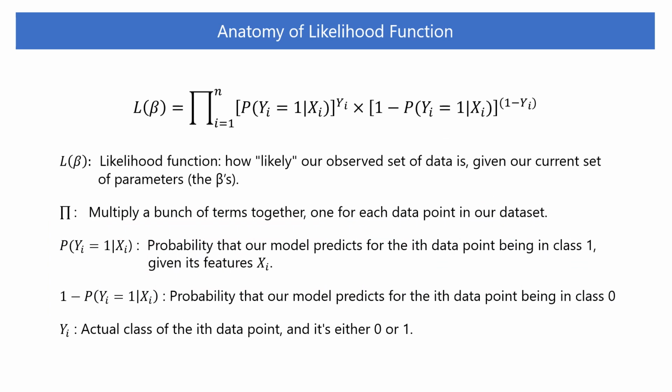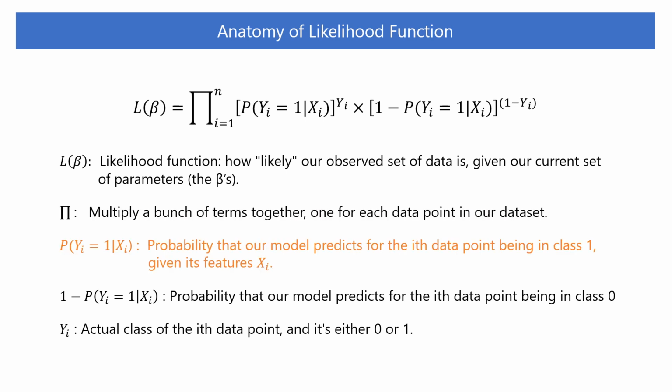Let's break down the likelihood function further. L(beta) is the likelihood function. It tells us how likely our observed set of data is, given our current set of parameters. The big pi symbol means we multiply a bunch of terms together, one for each data point in our dataset.